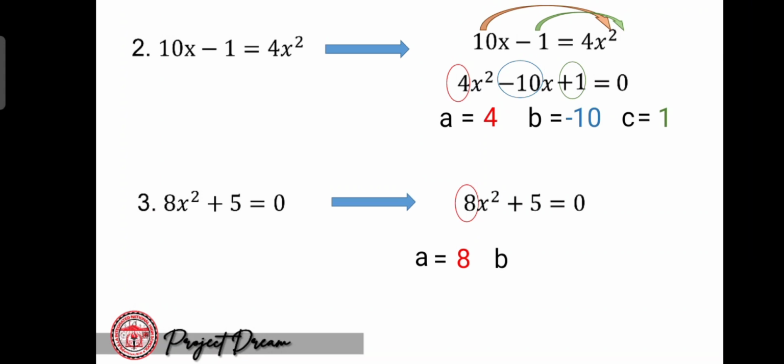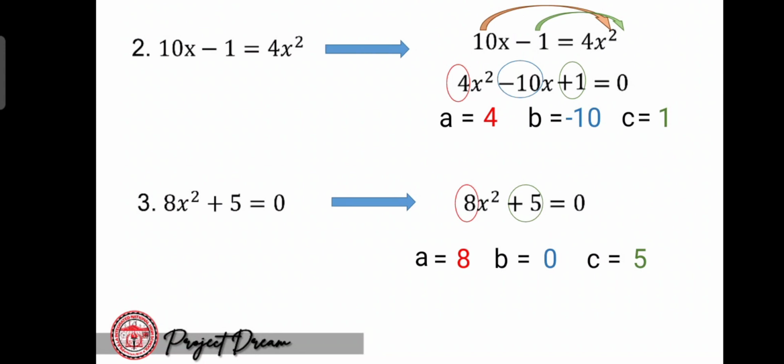B is equal to 0. Why? Because, as you can see in the given, there is no second term. So it becomes 0. Next, C is equal to positive 5.